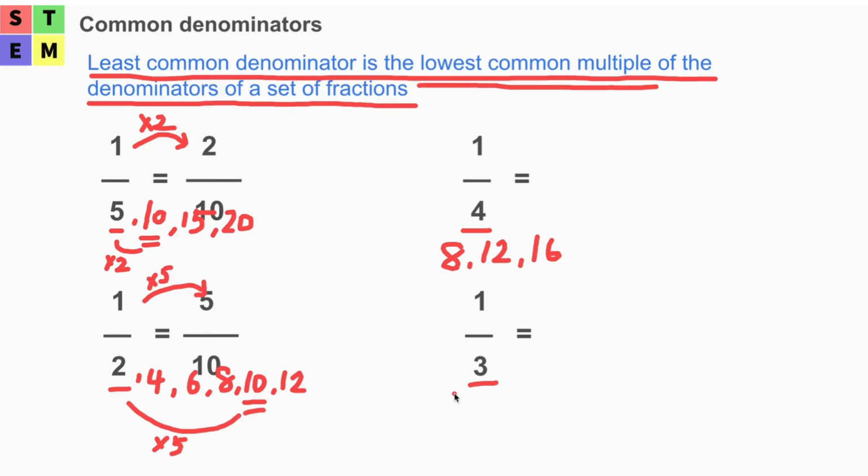Now let's try the 3s. 3 times 2 is 6, 3 times 3 is 9, 3 times 4 is 12, 3 times 5 is 15.